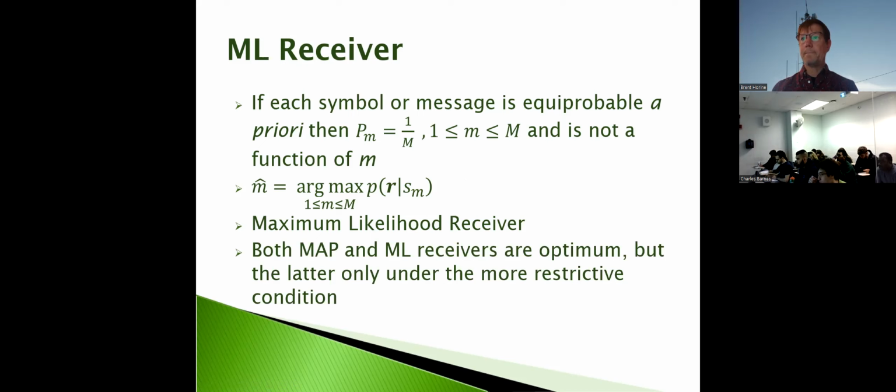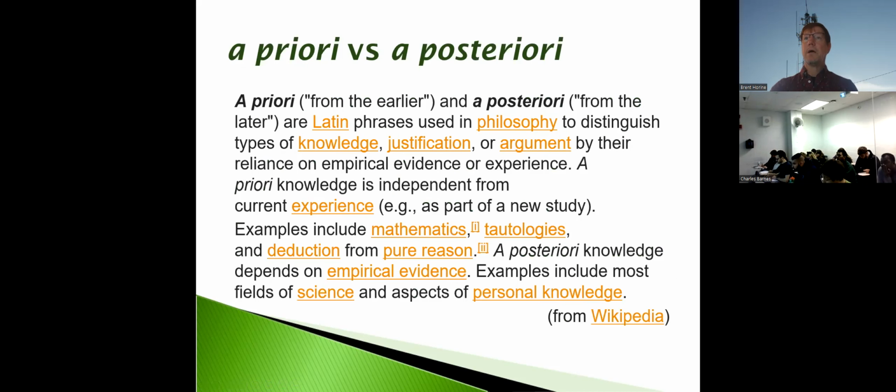So yeah, both are optimum, but only the latter under the more restrictive condition. So real quick then, a priori versus a posteriori. I mentioned both of these. So I just stole this from Wikipedia, and you can look it up, but it helps keep these separate.